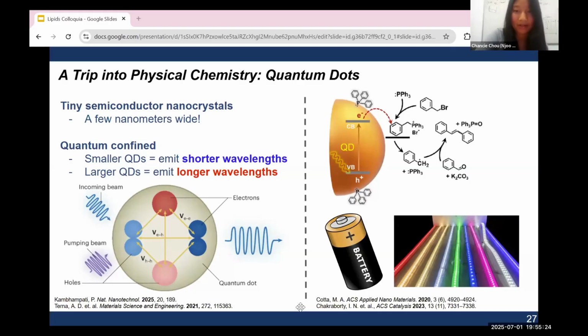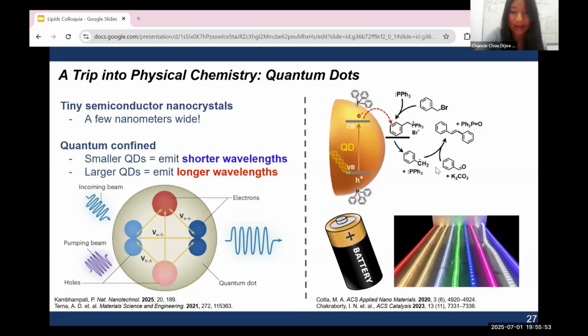The pumping beam in purple is another light source, and it helps excite electrons by generating electron-hole pairs, also known as excitons. On the top, electrons are pictured, and the holes are pictured on the bottom. So electrons are negatively charged particles, whereas the holes are positively charged gaps in the valence band, and they interact through Coulomb forces inside a quantum dot.